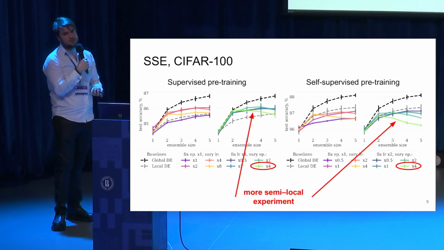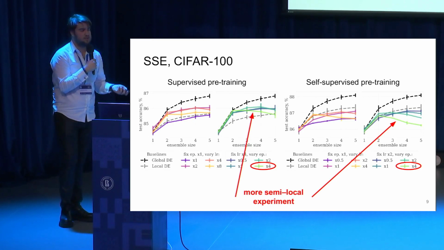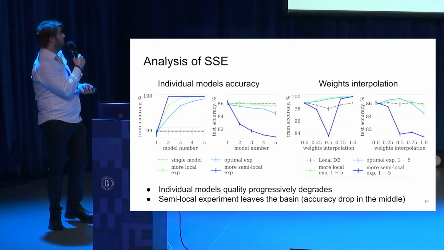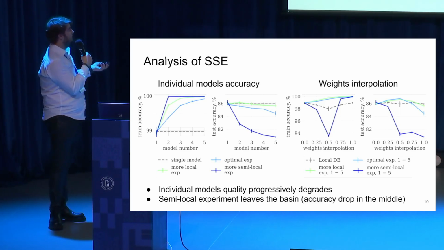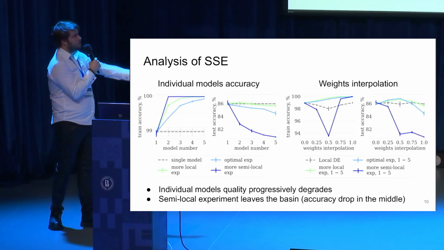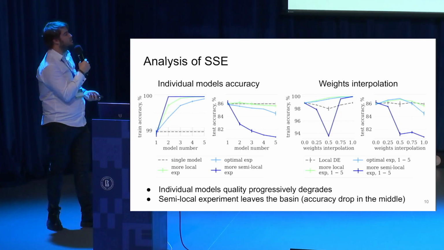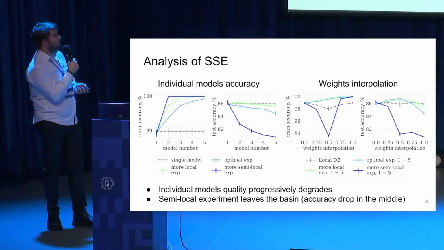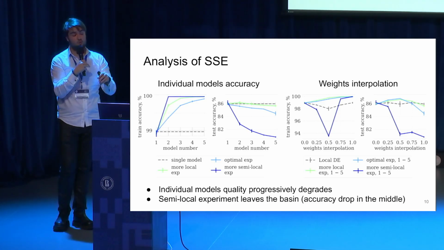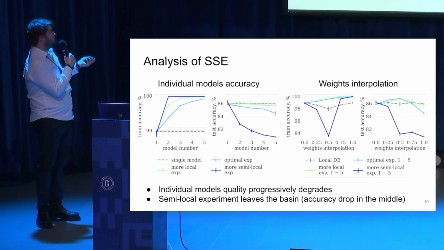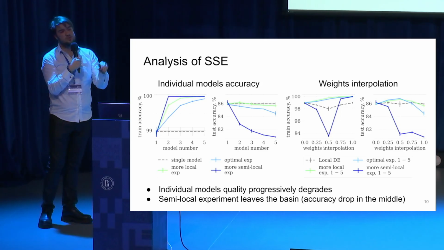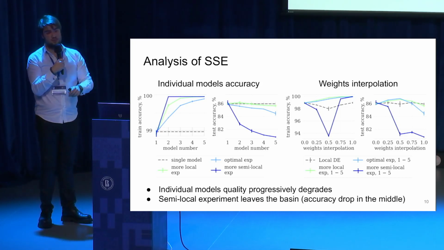So we conducted some additional analysis to understand why this situation actually happens. Here on this slide, you can see the analysis. On the left part of the slide, there is the accuracy of individual models in the ensemble. And on the right part, there is the interpolation between the weights in the ensemble, which indicates how the loss landscape between these models looks. It's easy to see here that the quality of individual models starts to degrade after each consecutive cycle.